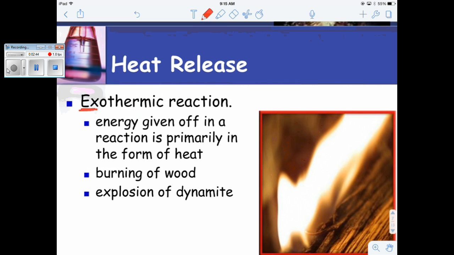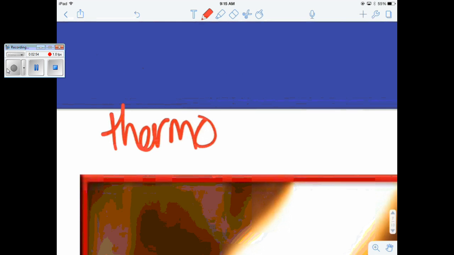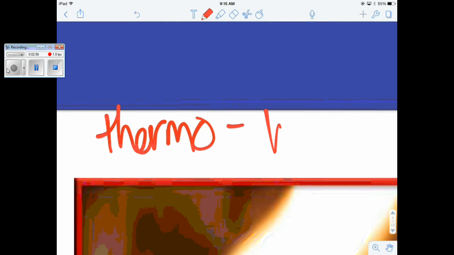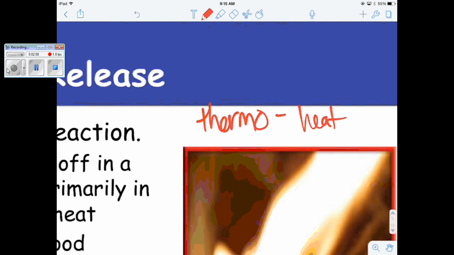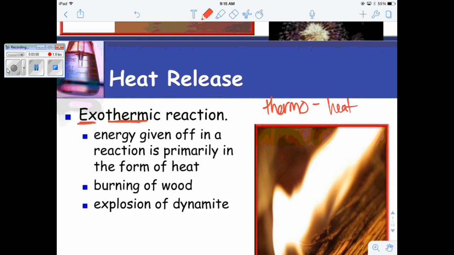Exo, and then thermo, heat. So thermo, think heat. That's specific to heat. So exothermic: thermal energy, heat, is exiting. Energy is given off in the form of heat, and you'll have to know that.